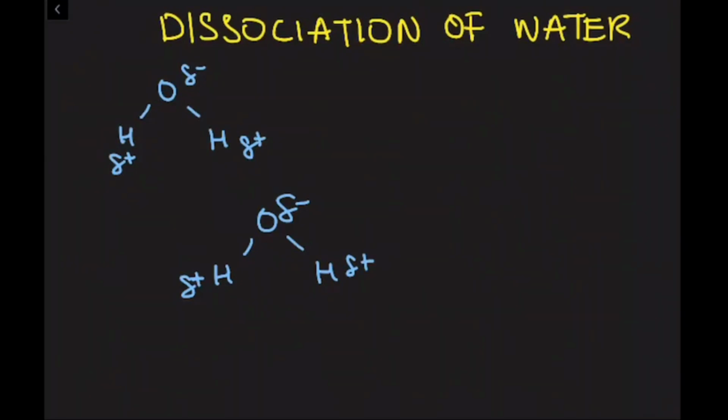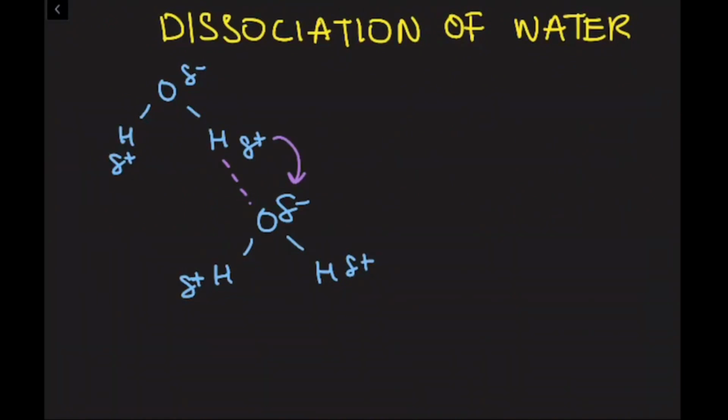Now, these opposite partial charges between the oxygen and hydrogen are attracted to each other and you form a hydrogen bond. So sometimes what happens is this hydrogen that has formed a hydrogen bond with the oxygen on the other water molecule will separate from its own molecule to stay with the oxygen, but it leaves behind its electron.